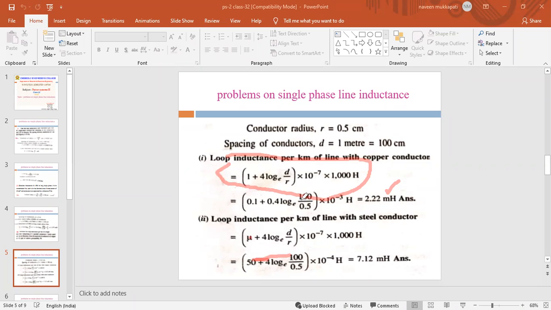These are the two different formulas, so remember these formulas.